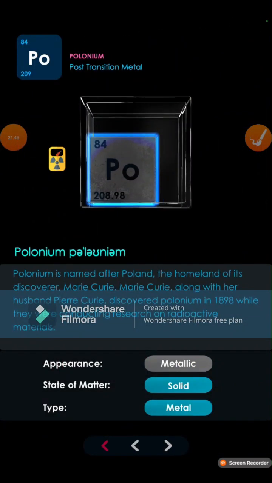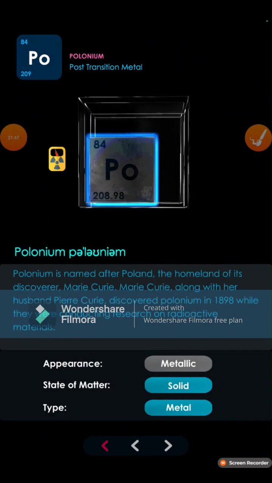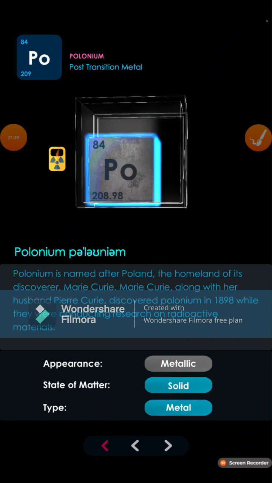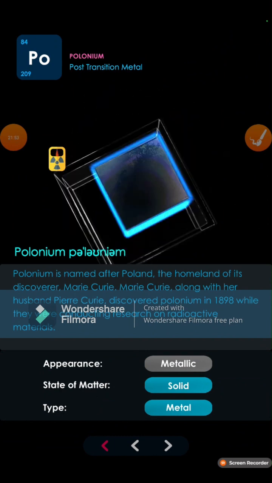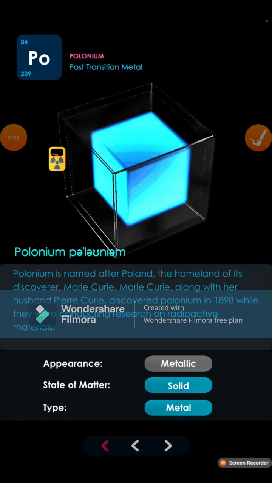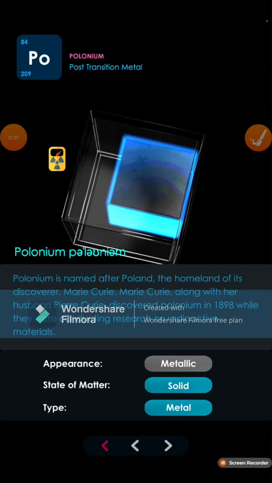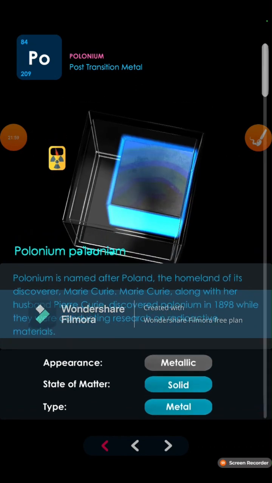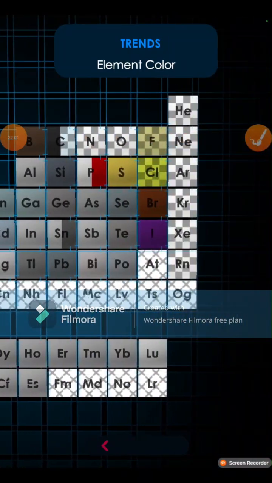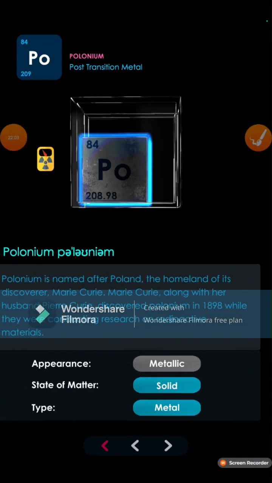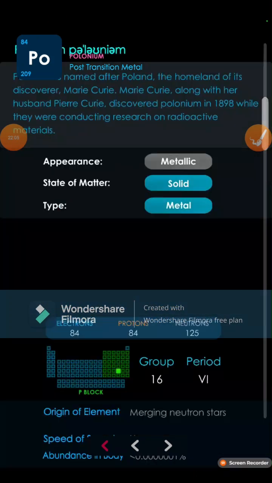Polonium is over here. As you can see, polonium is highly reactive. You can see polonium over here. So it's metallic. Let's put it dark over here, and you can see it is a metal.